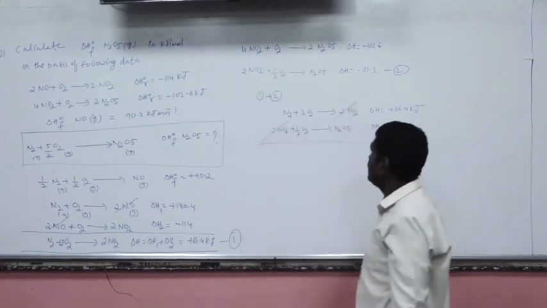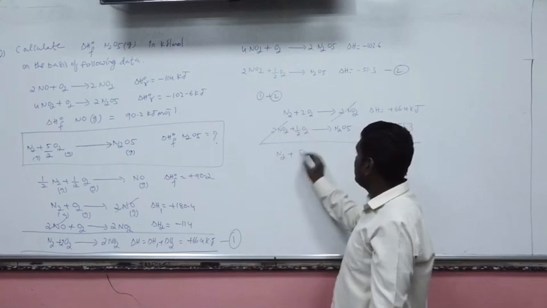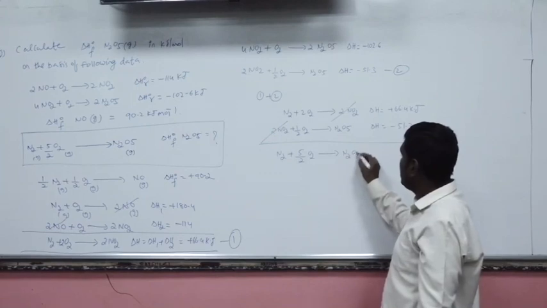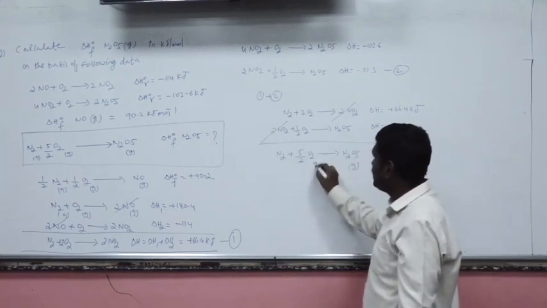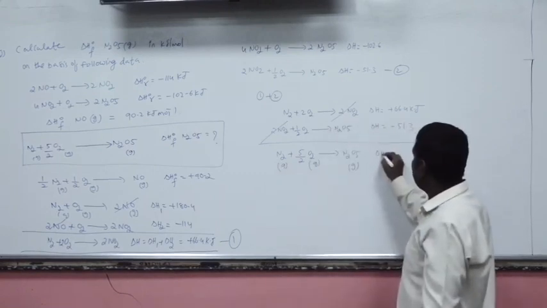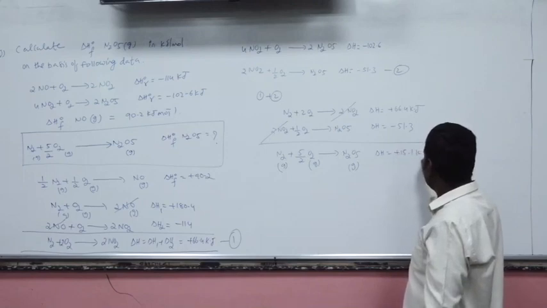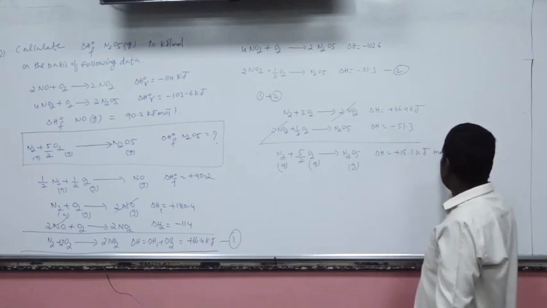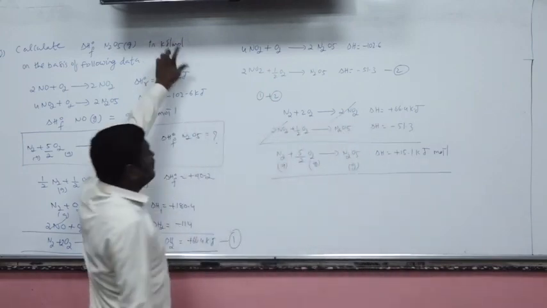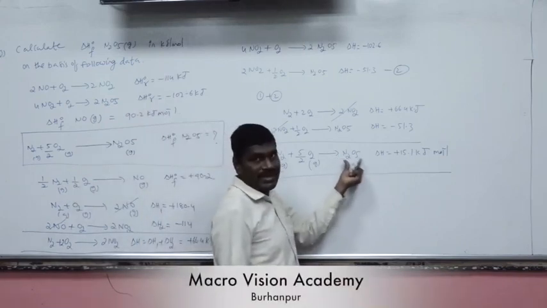NO2 cancels, N2, 2 plus 1 by 2, 5 by 2 O2 gives N2O5. Delta H value 15.1 kilojoule per mole. The question you see, kilojoule per mole is asked. So that's why we have to write 1 mole of N2O5 on the right hand side.